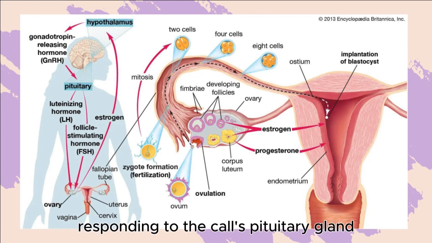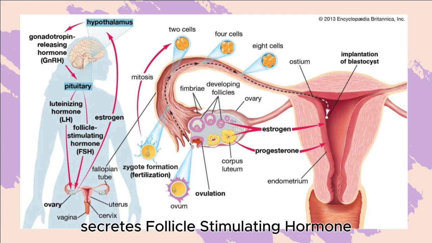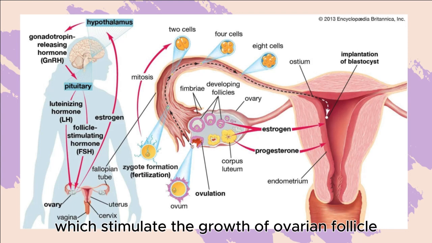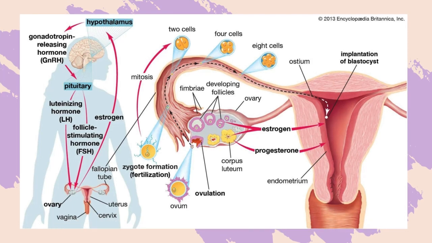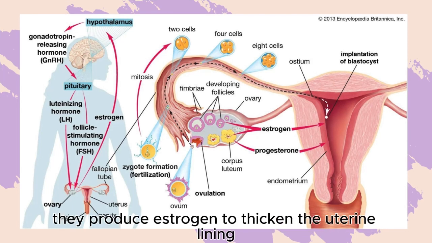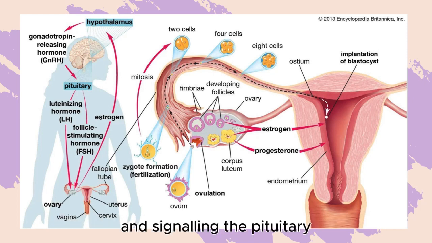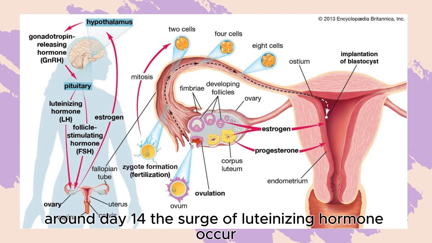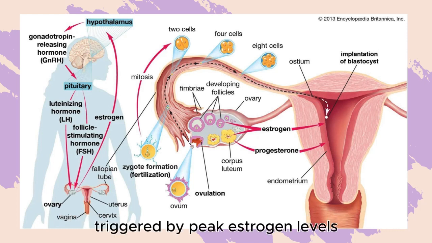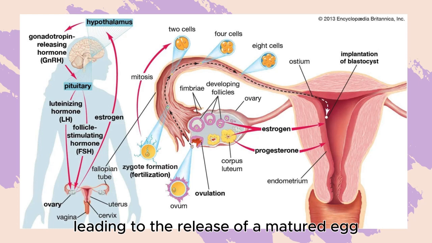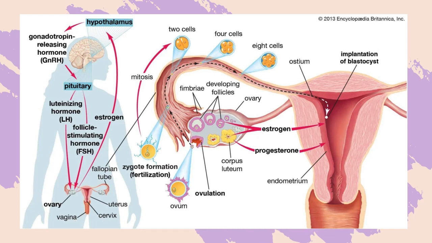Responding to the call, the pituitary gland secretes follicle stimulating hormone, which stimulates the growth of ovarian follicles. As these follicles mature, they produce estrogen to thicken the uterine lining and signal the pituitary to prepare for the next phase. Around day 14, a surge of luteinizing hormone occurs, triggered by peak estrogen levels, leading to the release of a matured egg from the dominant follicle.